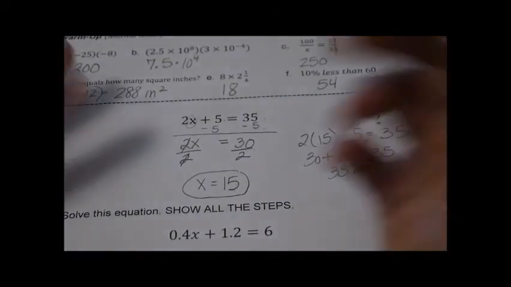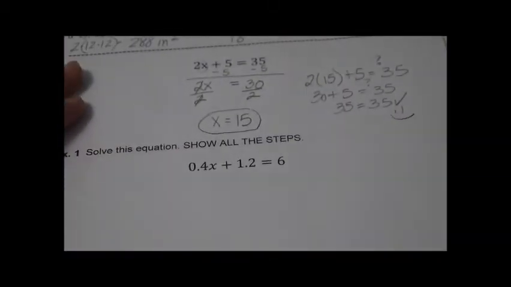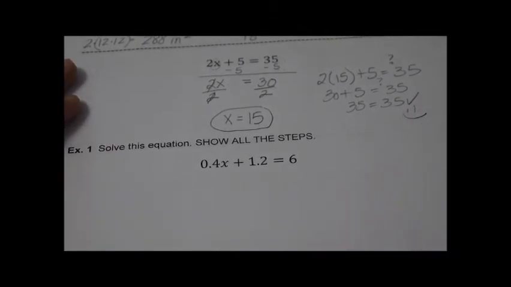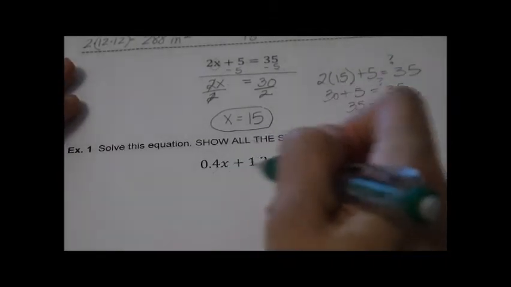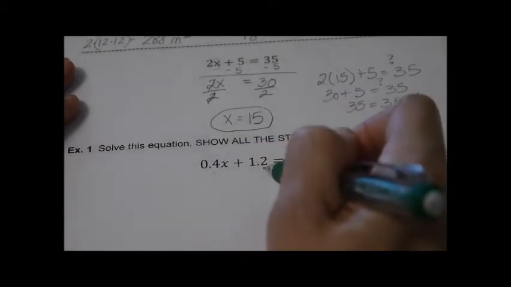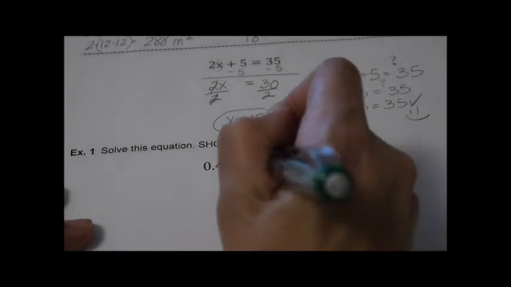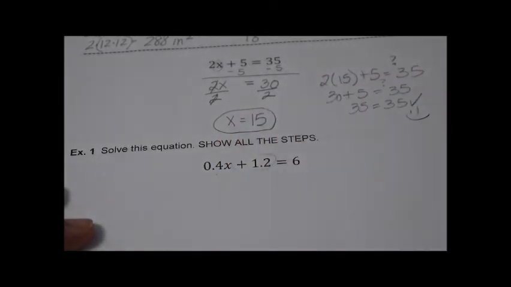All right, let's use the same idea on a decimal equation, okay? So just like I did before, we've got two things over here hanging out with x, so x is not alone, so we've got to fix that. So again, we take care of this one first.